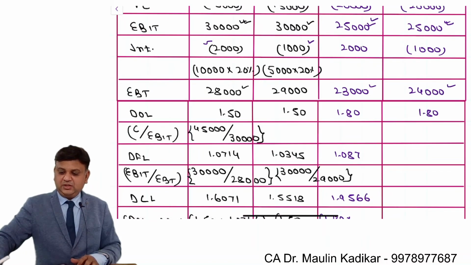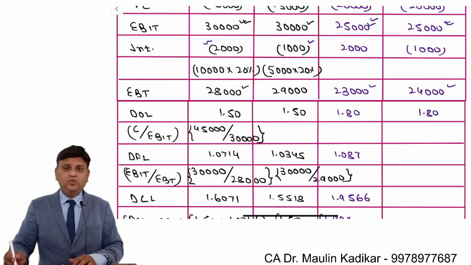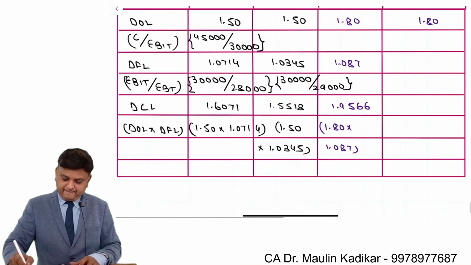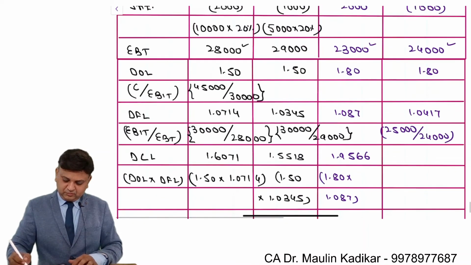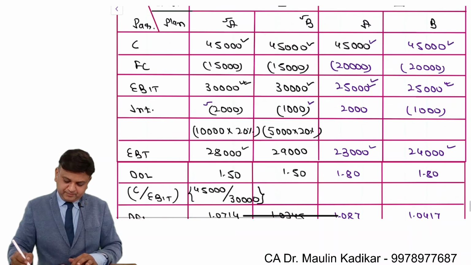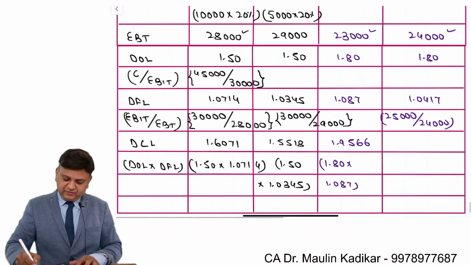So use a calculator, 25 upon 24, 1.0417, that is 25,000 upon 24,000.